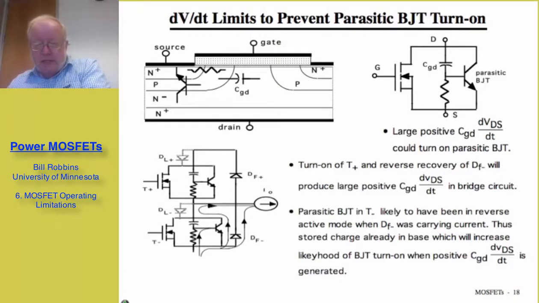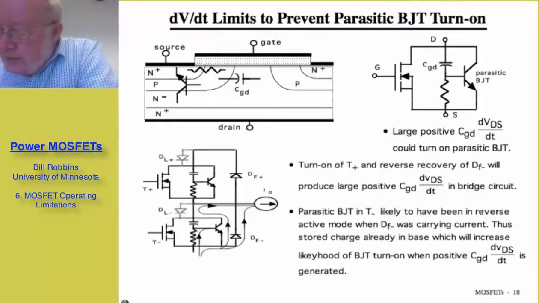The problem is illustrated in the figures in the upper part of the slide here. On the left hand side I show the vertical cross section of the MOSFET, and in particular the gate to drain capacitance and a resistance, particularly the resistance of the body region that connects the body region to the source. An equivalent circuit, at least an approximate equivalent circuit of this, is shown.